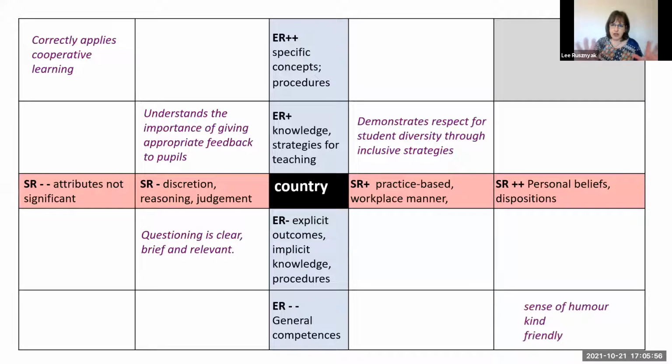So this is not a summary of what we found. We're going to go on to the numerical analysis of what was in each of the assessment rubrics after this. This is just to show you an example of where we would have coded things in particular ways. So the numerical analysis is coming later.